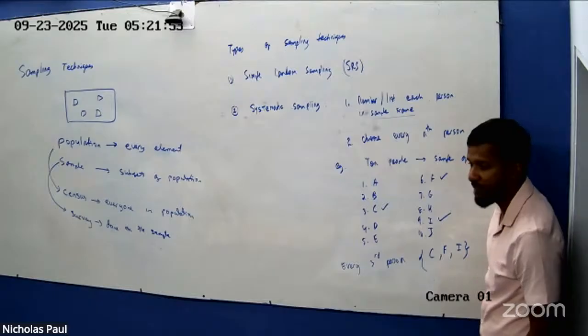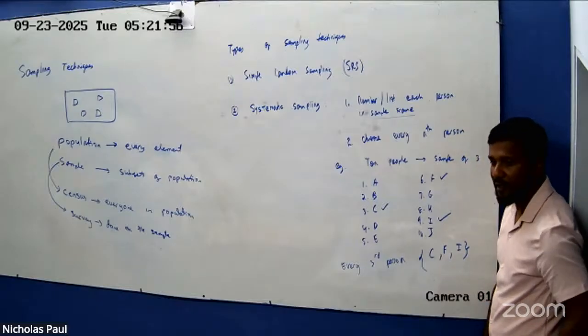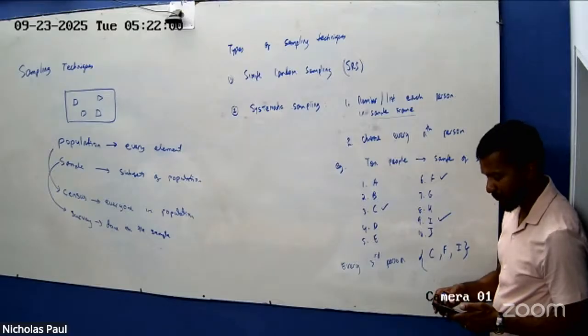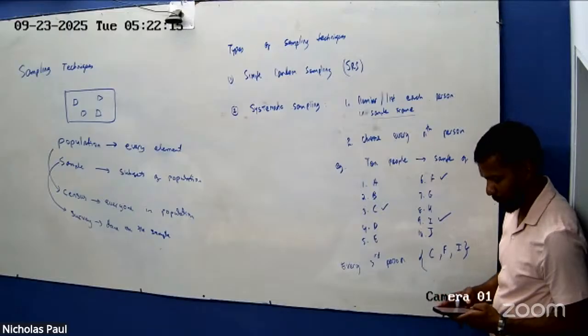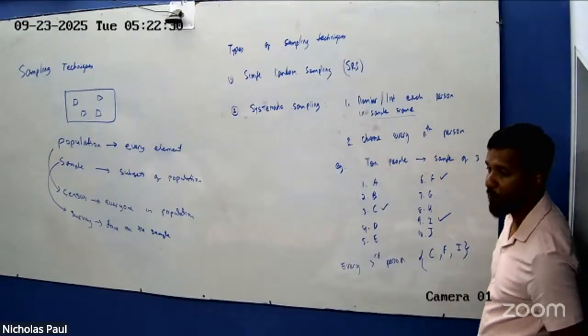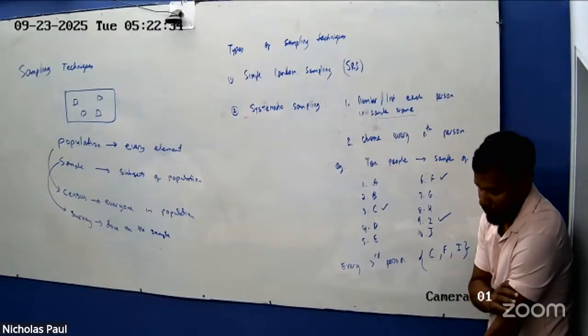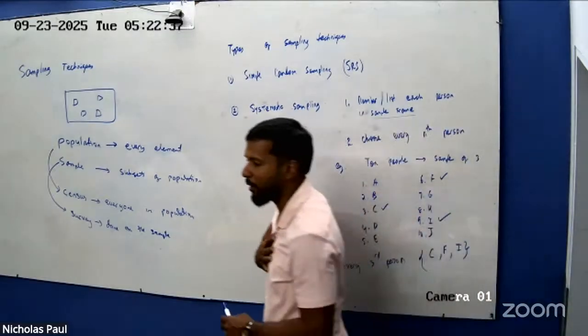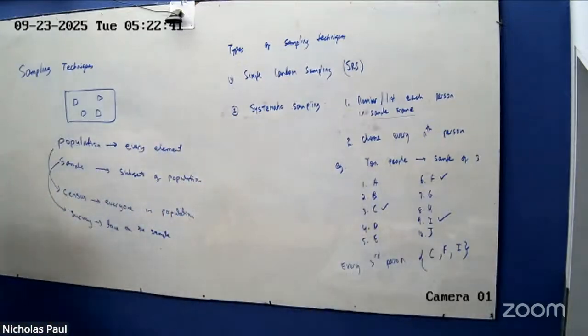One of the disadvantages of systematic sampling is that it's difficult to generate the sampling frame, that is, to obtain a proper list of everyone in the population.